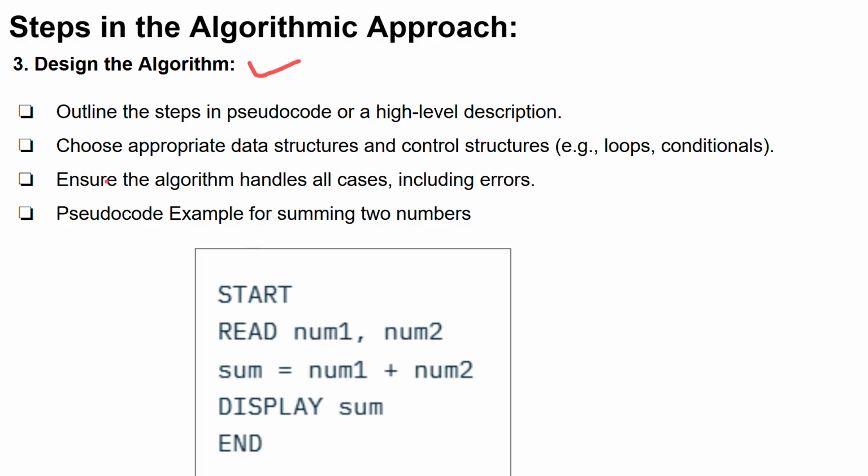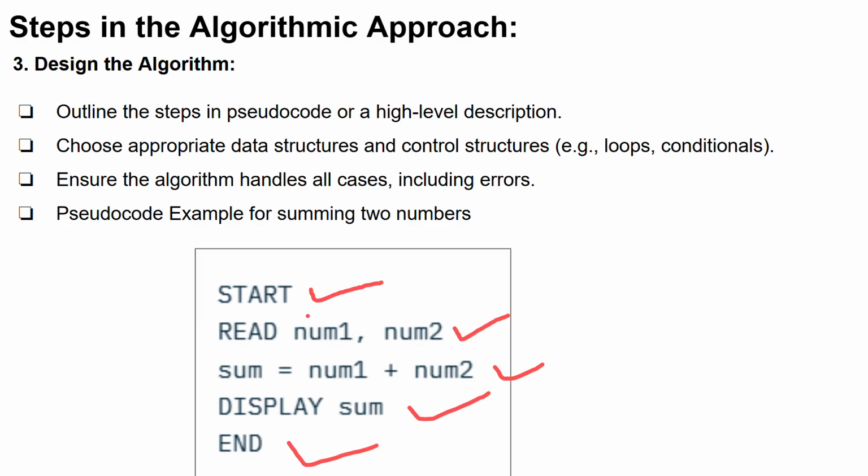Then we will be writing the algorithm. You can see it is pseudo code. We said start, read number one, number two, sum equal to number one plus number two, display sum, and end. These are cut and short words, very short forms.